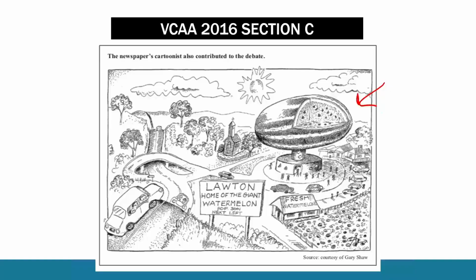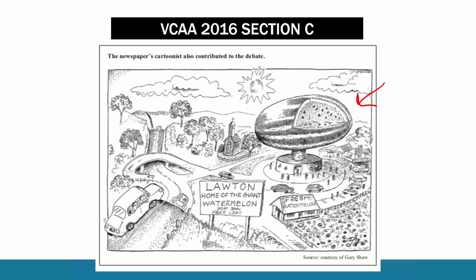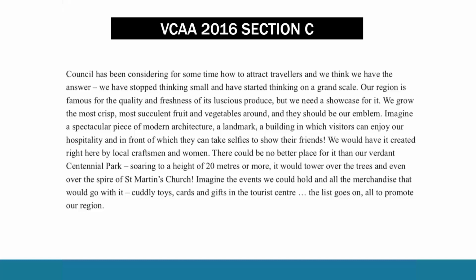The first thing you want to do when you see a visual is use the text as a springboard. What I mean by that is just finding some quotes from the article that link to the visual at hand. The passage that I'm going to go to is where the mayor has first introduced the idea of building the giant attraction. So the passage is as follows, and all I'm going to do is find a quote that I think works.